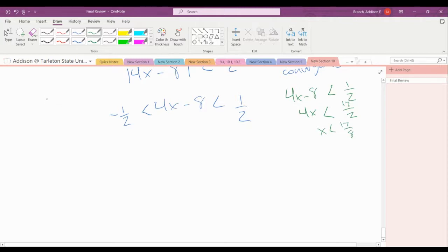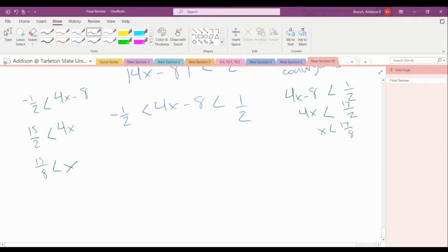And over here we have -1/2 is less than or equal to 4x minus 8. Then we get 15/2 is less than 4x, and then 15/8 is less than x.